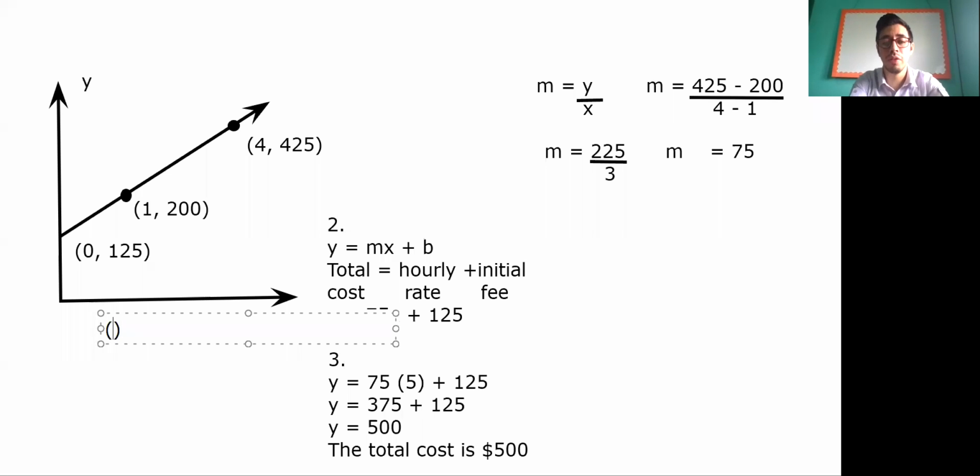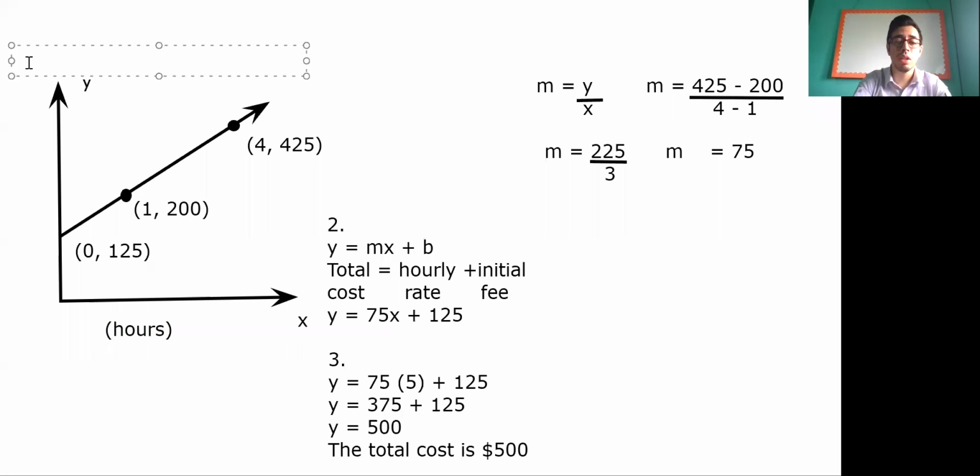They write the number of hours for x, and y is the total cost. Y is the cost in dollars. So that's the reason why I multiplied by 5, because they want to know if the $500 they have is going to be enough to pay this DJ for 5 hours or not.